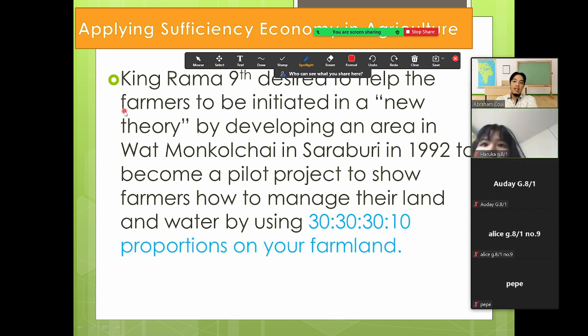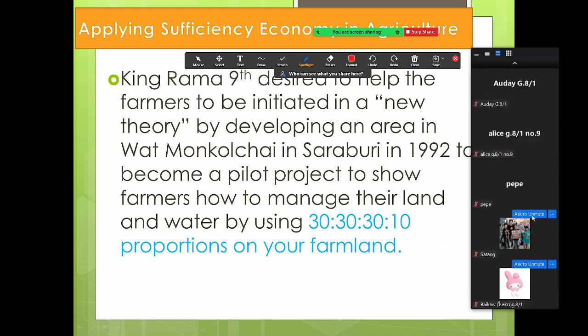This was in 1992, where they would show a pilot project, showing everyone how to manage their land area. They came up with these proportions here. Baikau, can you please read the proportions we have here?